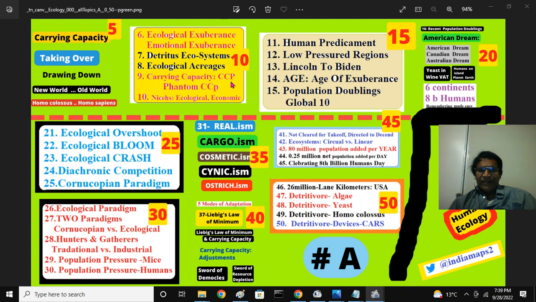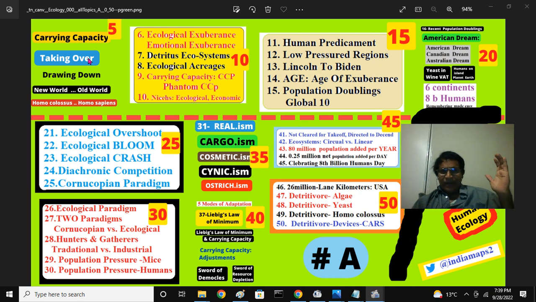You get a very basic concept to understand how the planet Earth operates, global systems take over, carrying capacity, drawing down, and Homo colossus, Homo sapiens, ecological overshoot, ecological bloom, ecological crash, stealing from future generations, that is stealing the oil, gas, natural minerals, metals from the coming generations, water, damming, and paving farmland, agricultural land, cornucopia paradigm, ecological paradigm, 2 paradigms. The difference between the traditional gatherers who suffered a lot for lack of food, every day their lives were very tough finding prey. Now modern industrial hunters and gatherers, we have moved the people into that.